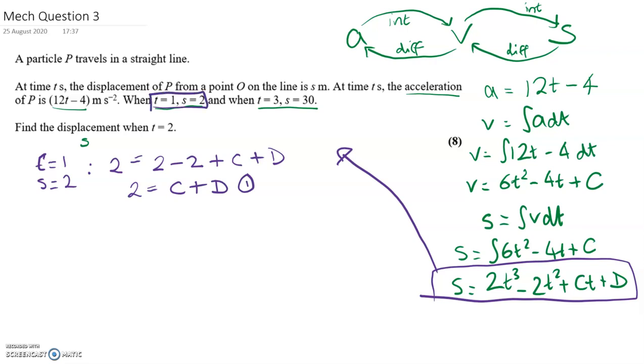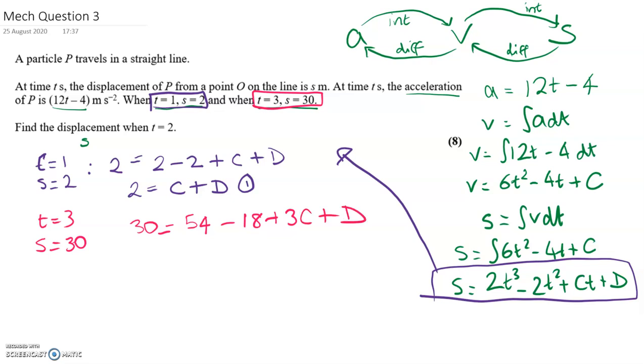And then I'm going to get equation 2 by putting these ones in. So when I put in t equals 3, s equals 30, then I get 30 equals 54, take away 18, add 3c, add d.